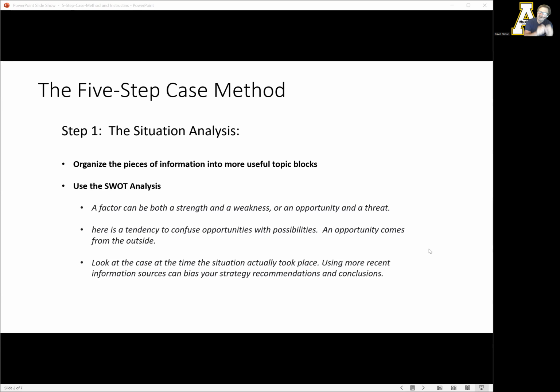An opportunity comes from the outside, but it is not a possibility within your organization. Look at the case at the time the situation actually took place. Using more recent information can bias your strategy recommendations and conclusions, because you never know, they may have gotten it wrong. So put yourself in the time frame of your particular case.